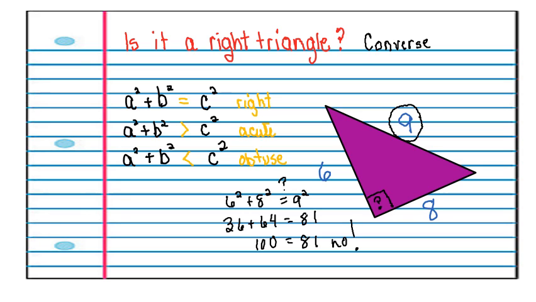But looking at the numbers here, if we have the a squared plus the b squared and it's bigger, then what we have is an acute triangle. And if it's the other way, that the a squared plus the b squared is smaller than the c squared, then it's obtuse. Cool little things.